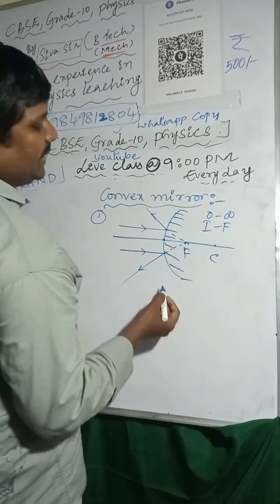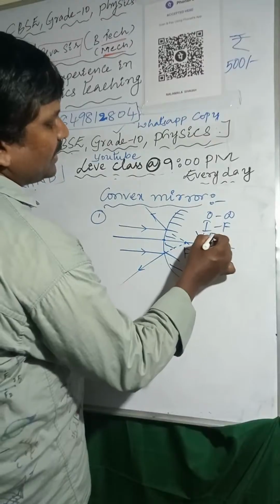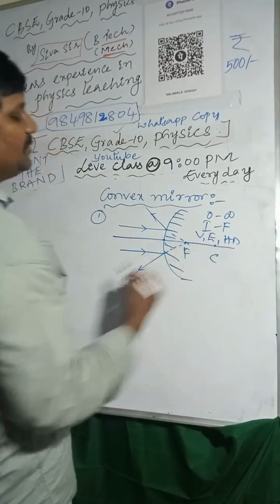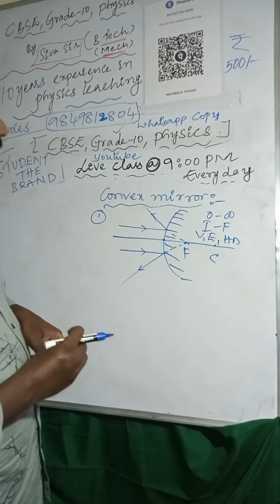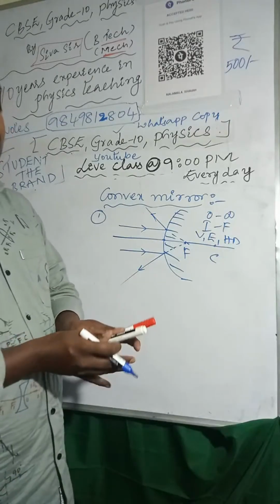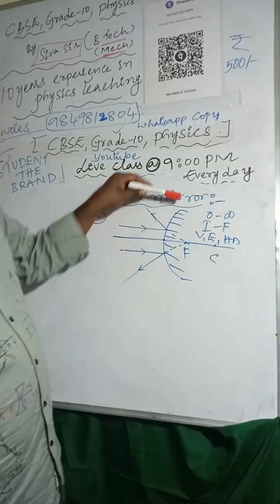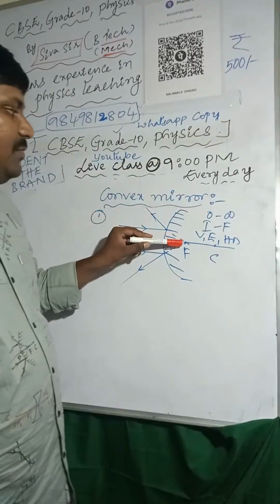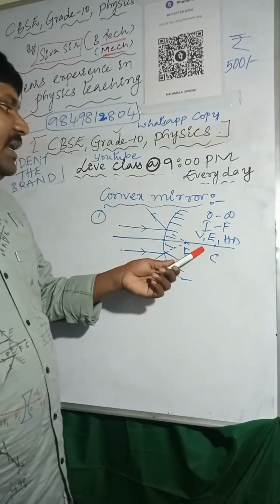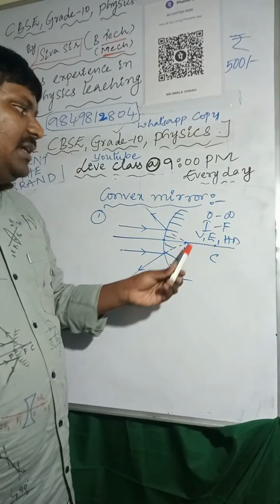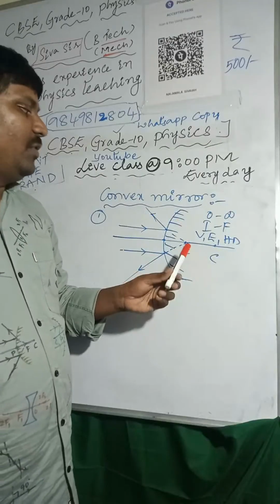Here, what is the nature of the image? Virtual, erect and highly diminished, because object is at infinity and image will form at focus.